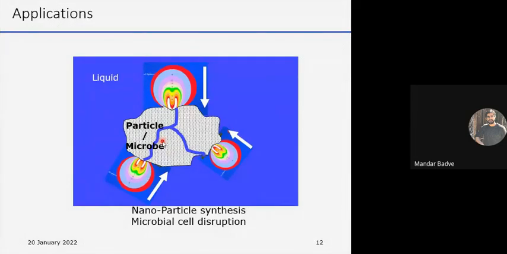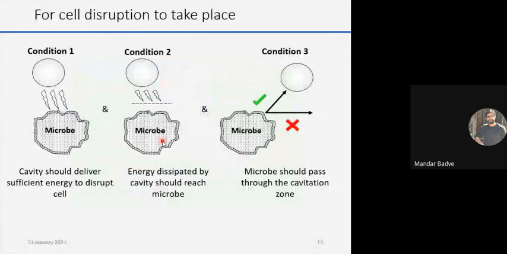But for that to happen, it is not as straightforward as I explained. Your cavity should deliver sufficient energy to disrupt the cell. Cavitation takes place at different intensities, and based on your energy input, the cavitation intensity will vary.